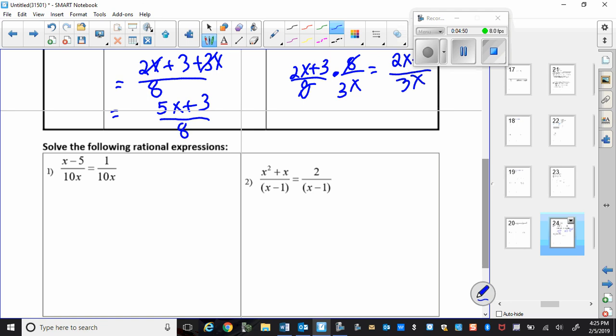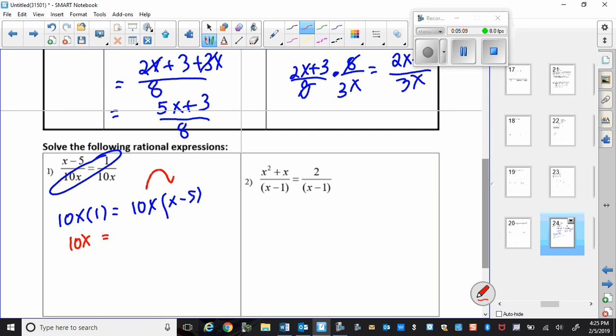So I'm cross multiplying. So 10x times 1 equals 10x times x minus 5. All right? So 10x times 1 is 10x equals 10x times x, 10x squared.